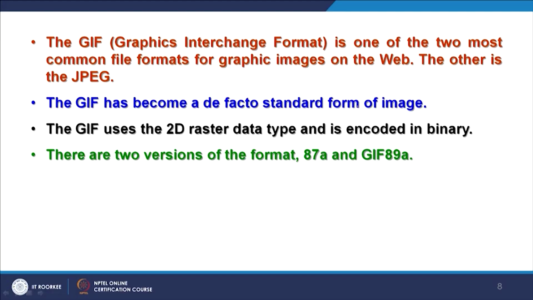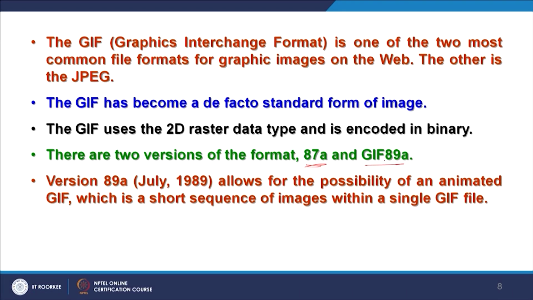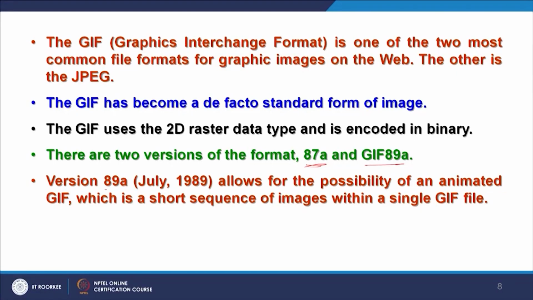There are two known versions: 87A and GIF 89A. The maximum development currently is taking place with JPEG, not with any other file format. But anyway, version 89A, which was developed in July 89, allows the possibility of animated GIF, which is a short sequence of images within a single GIF file.